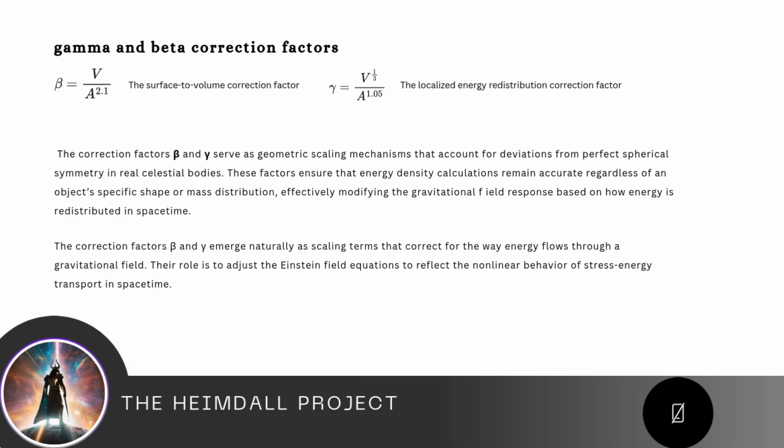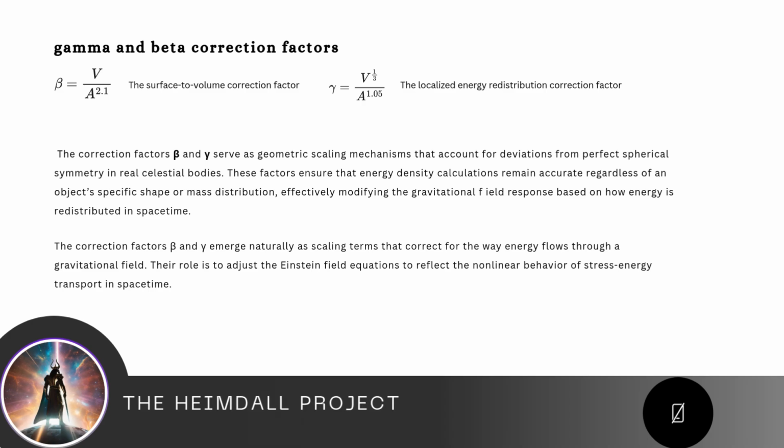It's not accounting for imperfection. It's not accounting for a banana-shaped moon, which we don't have, but maybe there is. You never know. If you had a banana-shaped moon or banana-shaped sun, it's not going to account for that. So these correction factors do account for that.